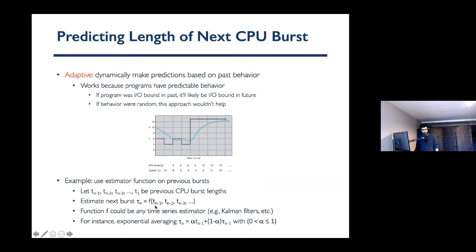So basically I have some instances in the past, my past CPU burst times, and I want to find this function that takes as an input all those histories and gives me as the output a prediction. Now, for this f, people have used all sorts of different functions.